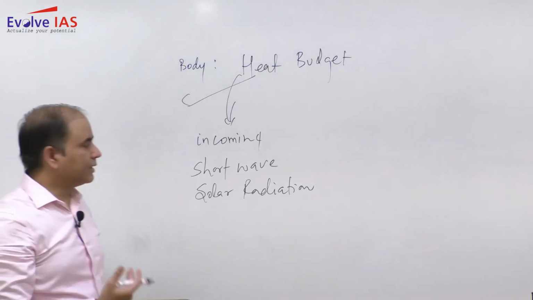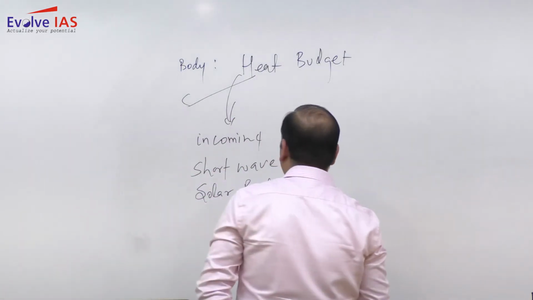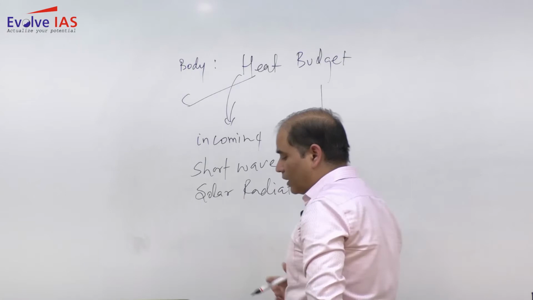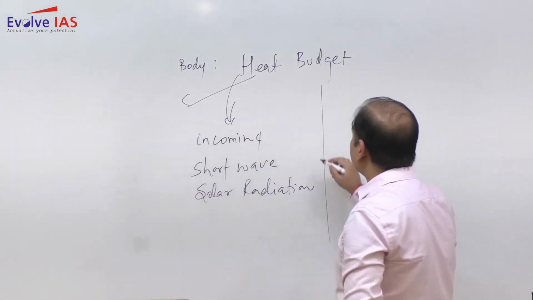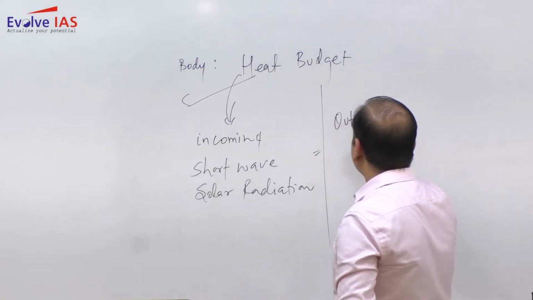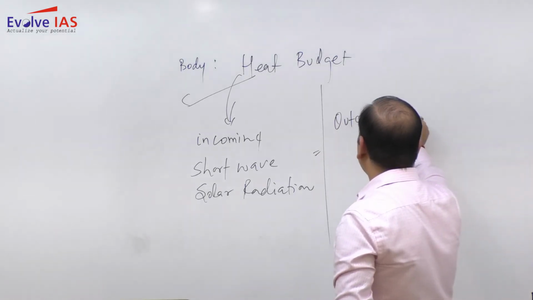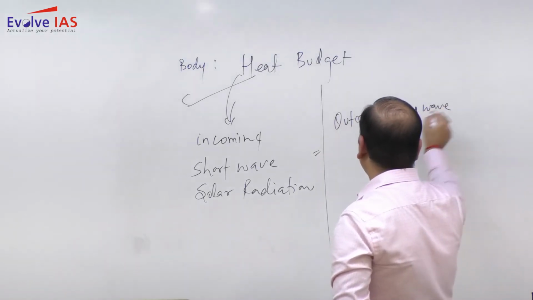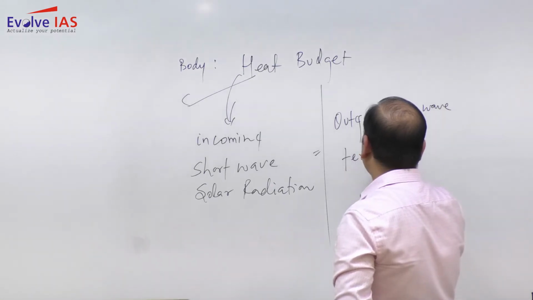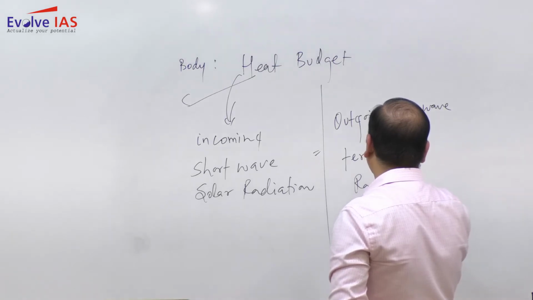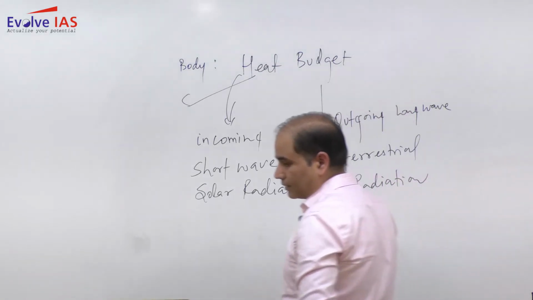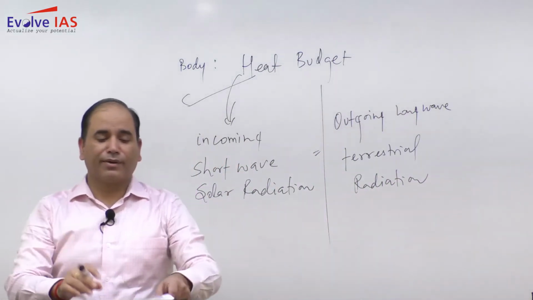So earth gets heated through this incoming short wave solar radiation, and the loss of heat from the earth's surface is primarily associated with the outgoing long wave terrestrial radiation.